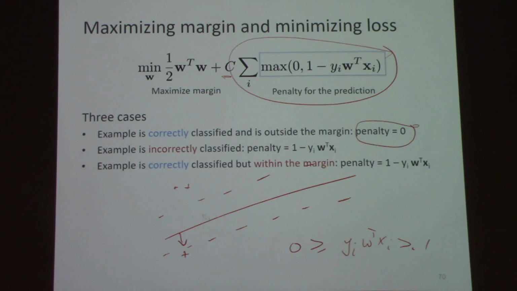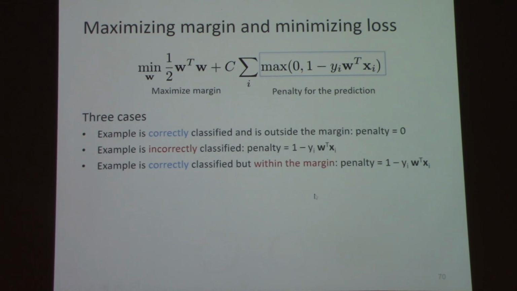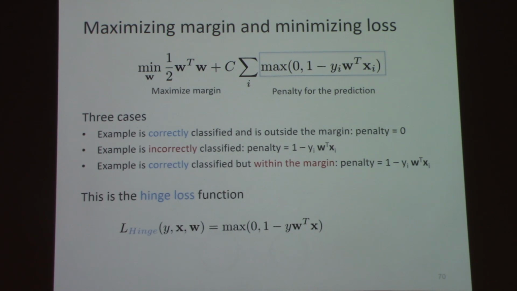Alright, so just to quickly conclude this review, you have 3 possible values of this, and what is interesting is the thing inside the box here, this penalty term here, is a loss function.